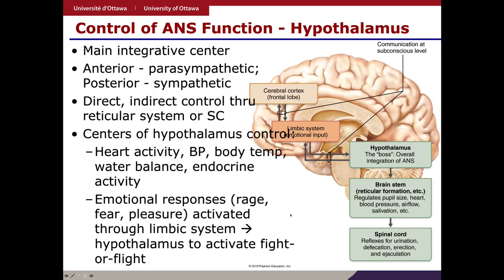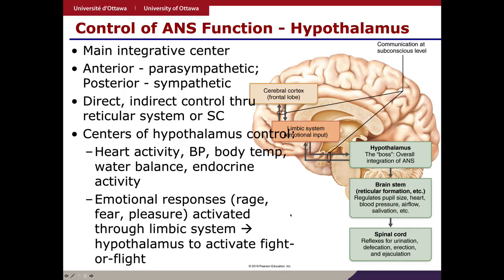The hypothalamus is the main integration center of the autonomic nervous system. It's the boss. In general, anterior hypothalamic regions direct parasympathetic functions, and posterior areas direct sympathetic functions.